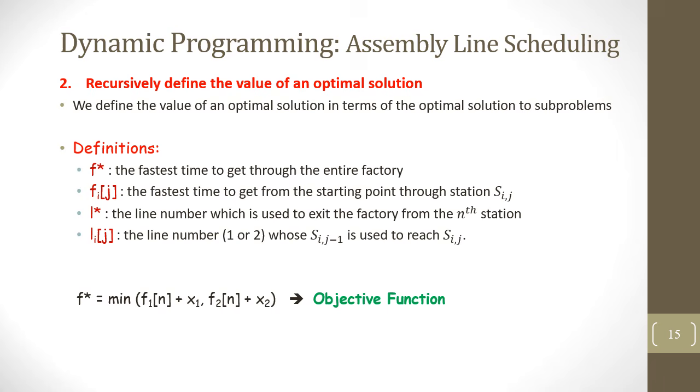Our objective function is the f star, which is the minimum of the two values. Either we exit from line 1, so the fastest time to station n on line 1 plus the exit time on line 1, or the fastest time to station n on line 2 plus the exit time on line 2.